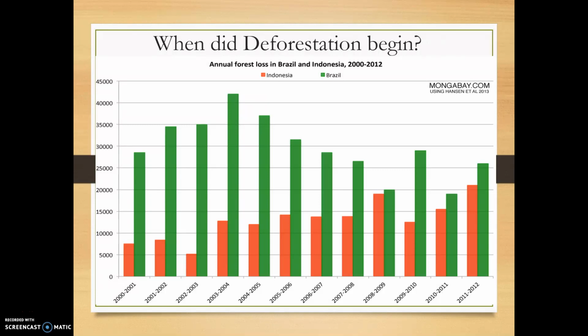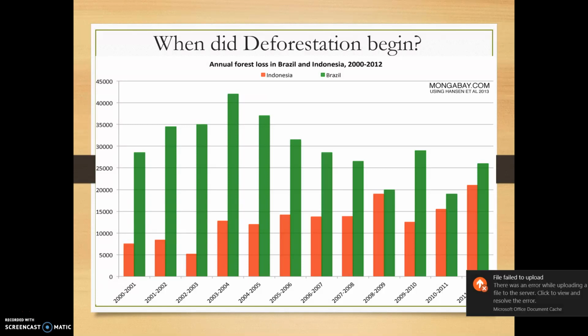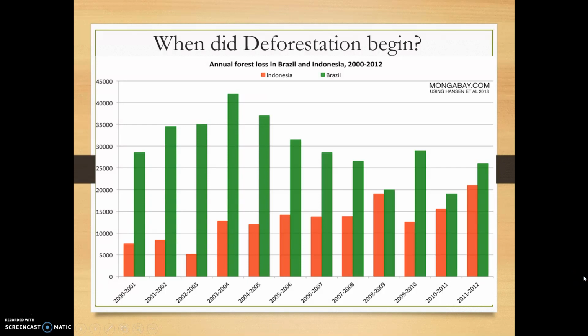Then in the 2000s, which are depicted on this figure in front of you, many rules and regulations were implemented by organizations such as CITES, the Convention on International Trade in Endangered Species, Greenpeace, and the World Wildlife Fund. They wanted to raise money to preserve the Amazon. As you can see, from 2000 to 2005, there was a large increase in deforestation, even though many organizations tried to prevent this from happening.